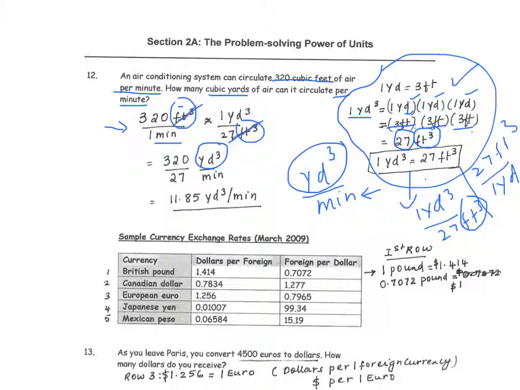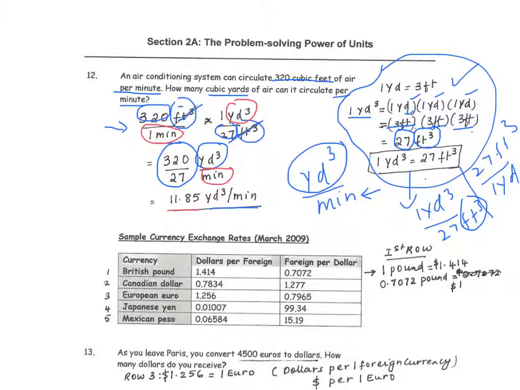Combining the numbers that are left over, we have 320 divided by 27, and the units left over are cubic yards in the numerator and minutes in the denominator. So our final answer is 320 over 27, which is 11.85, and the units that remain are cubic yards per minute.